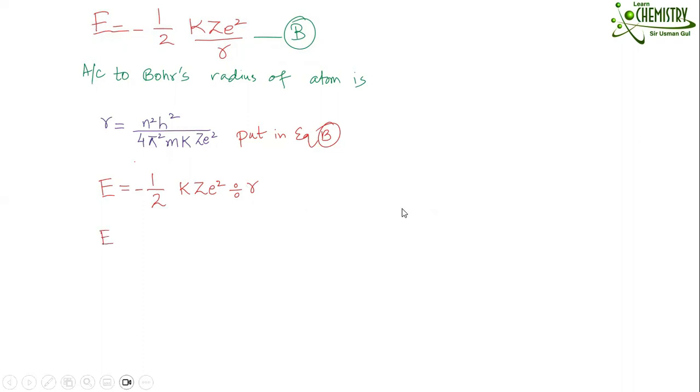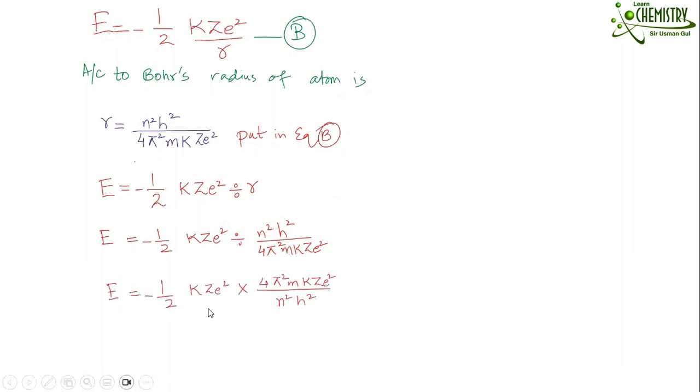So we can write E equals minus half kz square divided by n square h square upon 4 pi square m kz square. Basically I just put the value of r. If you do remember, for the simplification we change this divide sign into a multiply sign. After this, the fraction gets altered, so the denominator replaces the numerator. It will become minus half kz square into 4 pi square m kz square upon n square h square.